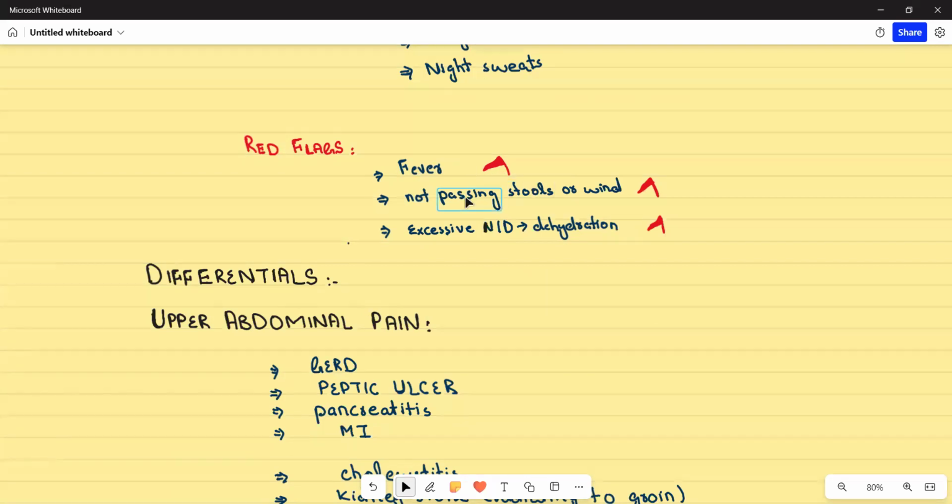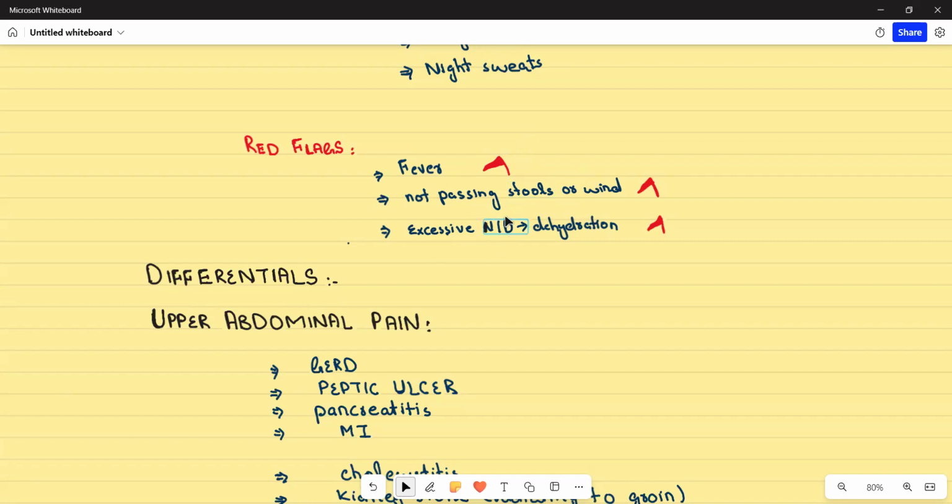You should admit the patient and keep the patient nil by mouth, pass an NG tube to relieve the stomach of its contents, start the patient on IV fluid, do scans, and try to discuss with your seniors, and maybe prepare the patient for surgery to relieve obstruction, okay? The third red flag is excessive vomiting and diarrhea, okay?